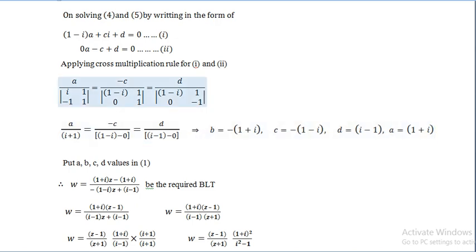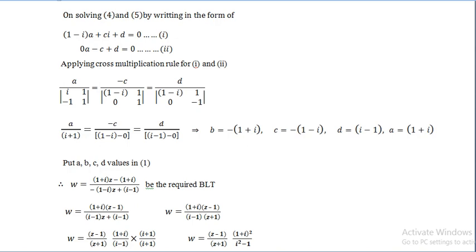So minus c divided by 1 minus i into 1, 1 minus i into 0, and d divided by 1 minus i into minus 1 becomes minus i plus i minus 1 and 0. So which implies that our a value is 1 plus i, c value is minus of 1 minus i, and d value is i minus 1.